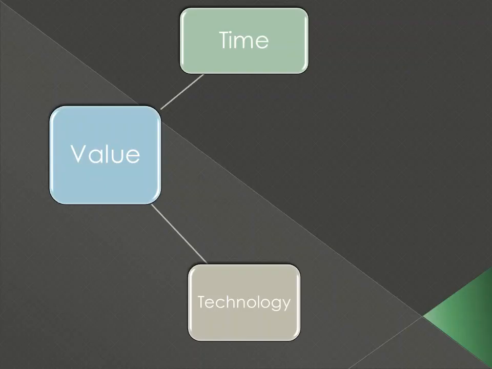So value can change. How can it change? Time and technology are the two factors which can change the value of a resource. Example: suppose your grandmother's home remedy is found out by some medical companies, so they patent it and start producing your grandmother's remedy.